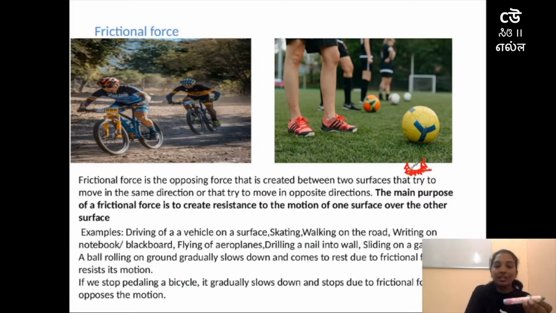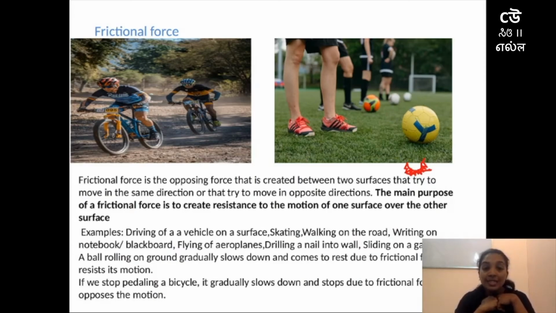Even though this pen looks smooth on its surface, if we observe it in a microscope, there will be some irregularities. When two surfaces come in contact with each other, the irregularities in these objects will interlock, and this interlocking will create opposition to the moving object. This will resist the motion of an object, and that is called frictional force.